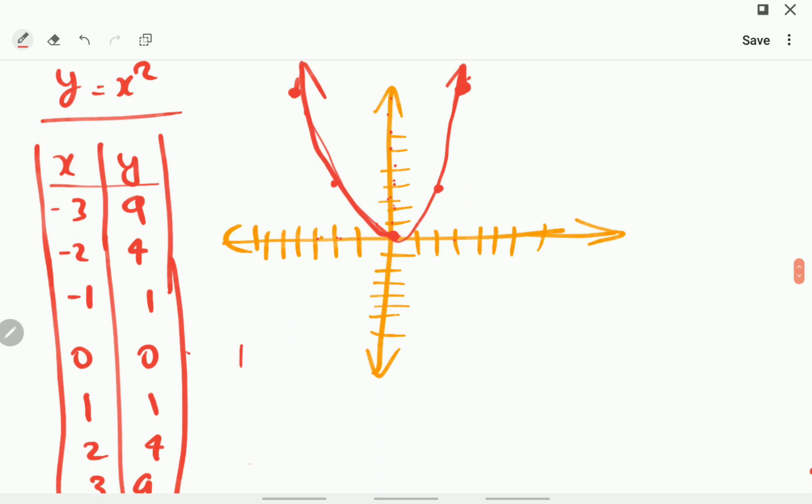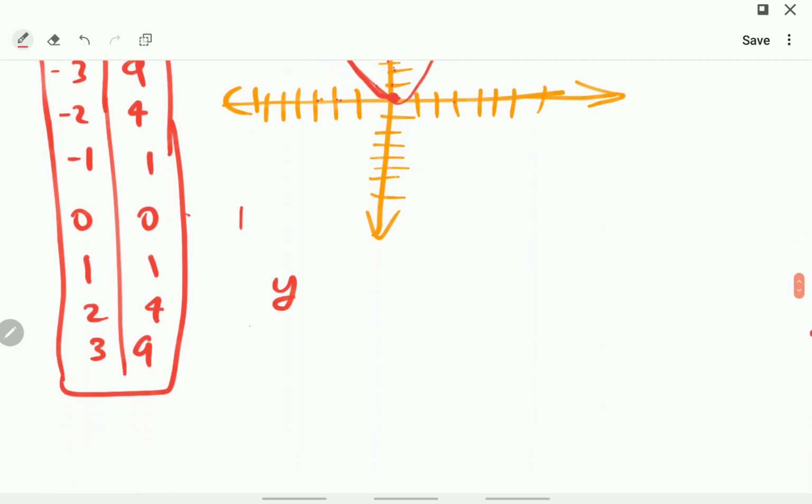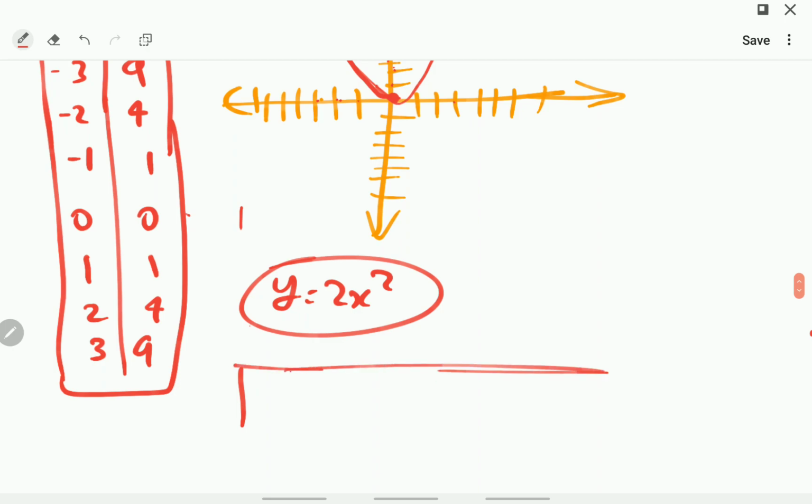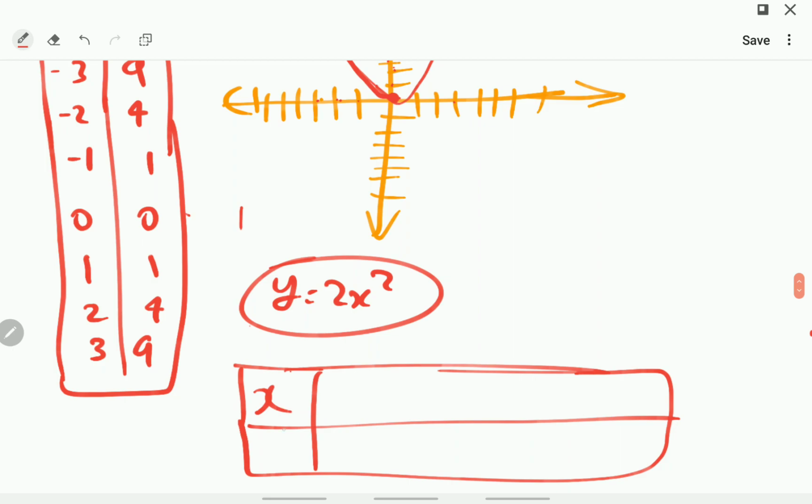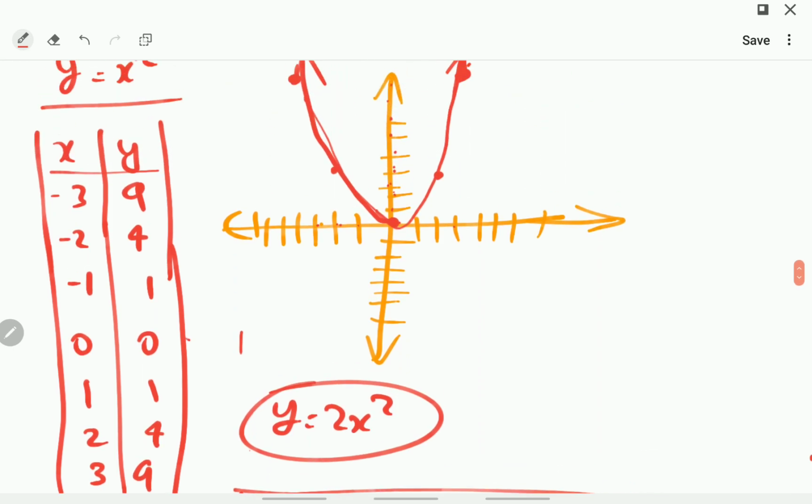Then let's take a look at the parabola y is equal to 2x squared. When you draw a table of values for this one, you can easily identify that when x is equal to -2, -1, 0, 1, and 2, the corresponding values are 8, 2, 0, 2, 8.